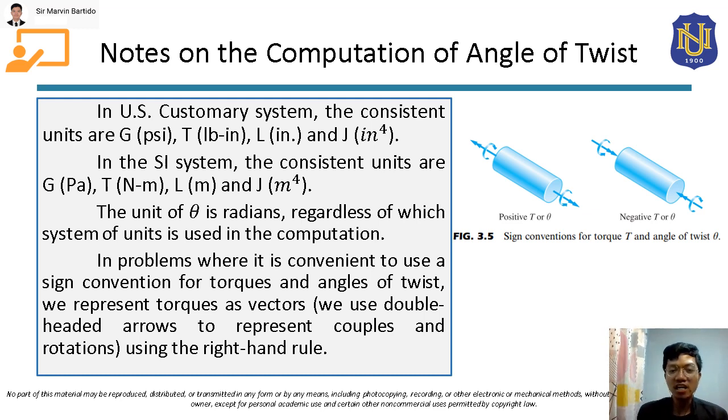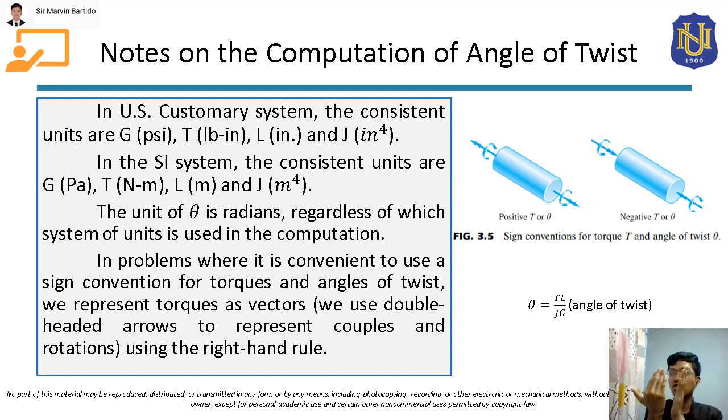Here, class, if we are going to use a sign convention to sum up the internal torques, take note that in our formula, theta is equal to TL over JG. This T is the internal torque.